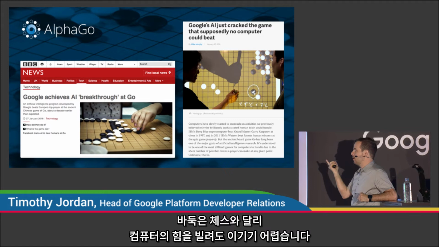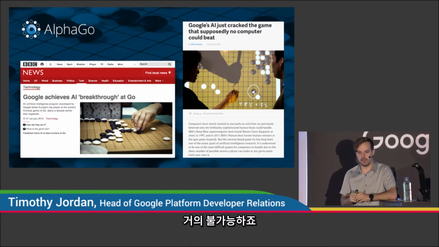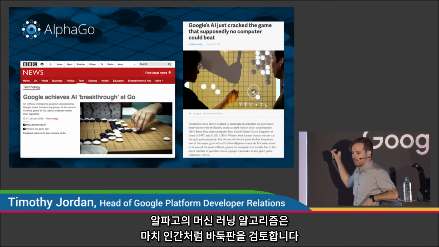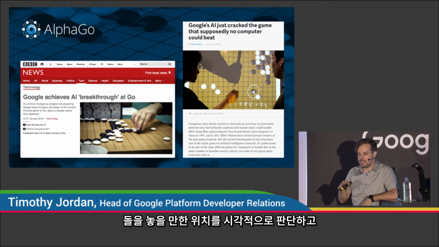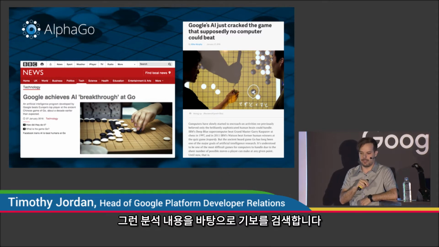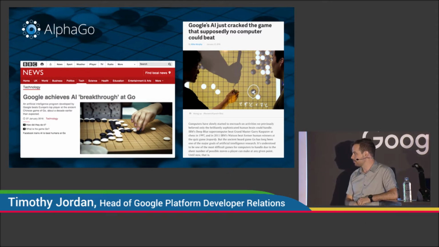Now, Go, as you know, is much more difficult than chess to try and solve by brute force. In fact, I think you could safely say it's pretty much impossible. So we use machine learning. And the machine learning algorithm for AlphaGo actually examines the board visually, somewhat like a human would. And it uses vision to see what makes a good board position, and then uses that insight to search the game tree more efficiently.